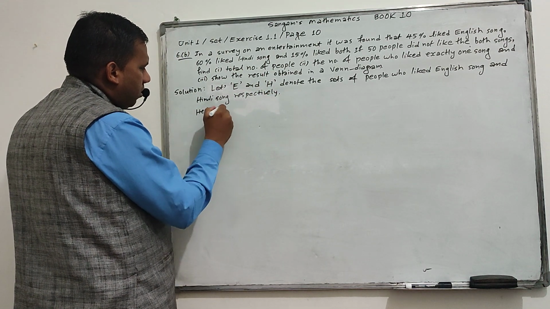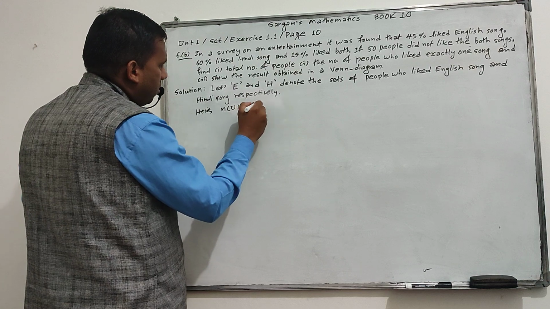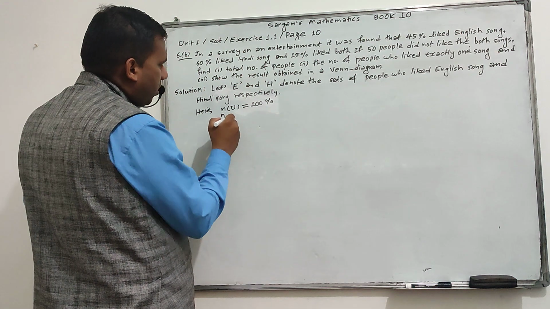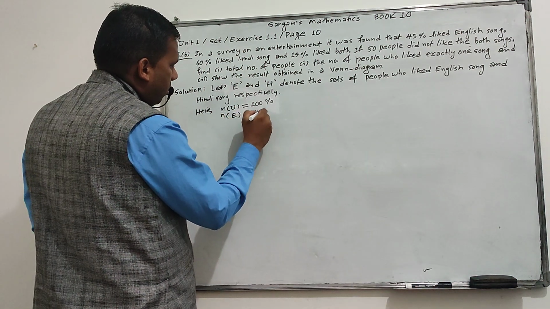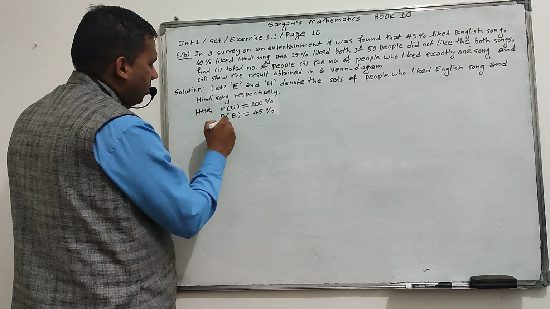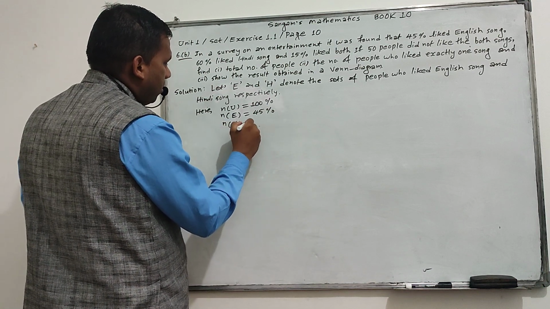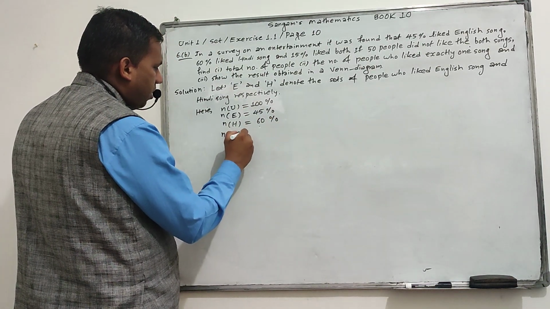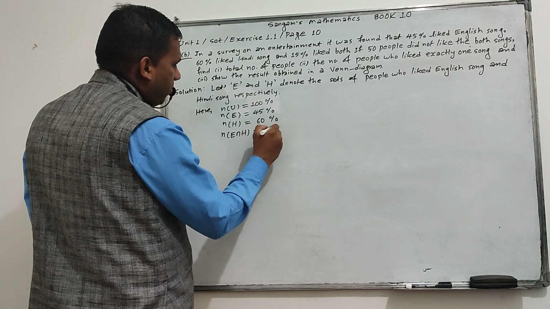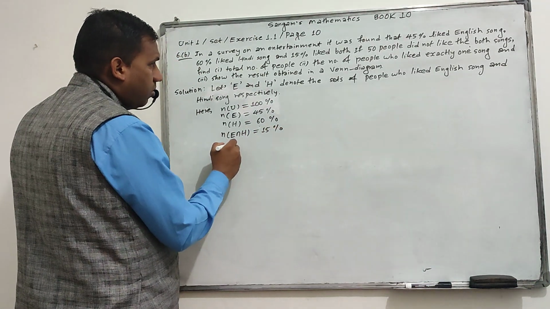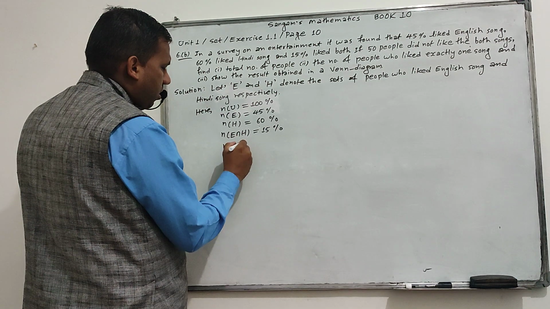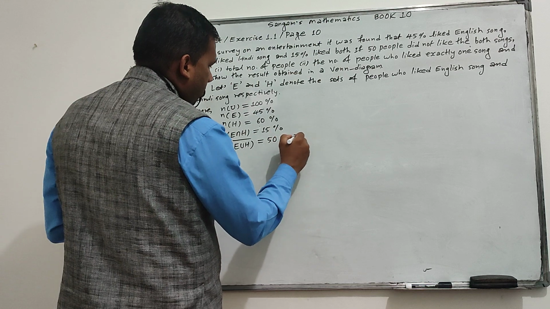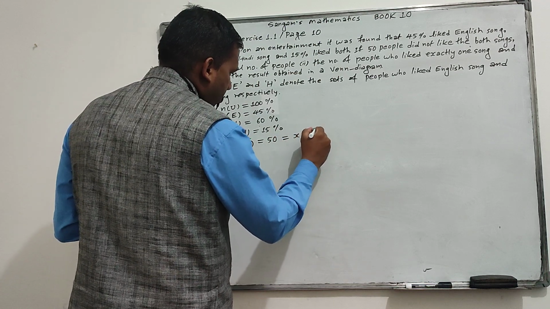Here n(U) equal to 100%, n(E) is 45%, n(S) is 60%, n(E intersection S) is 15%, n(E union S whole complement) equal to 50 equal to X percent.